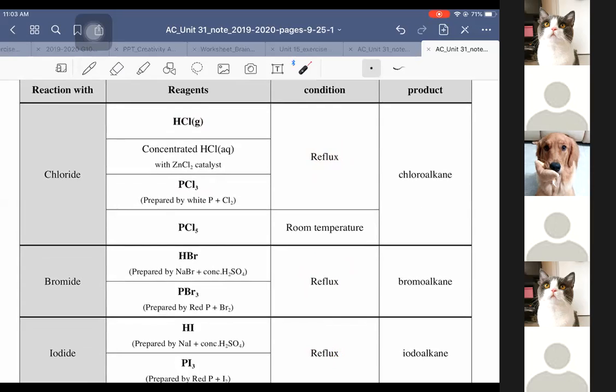And we also introduced one more way to make the haloalkane, which is to react with PCl5, phosphorus pentachloride. For this one, the reaction occurs at room temperature. So we use it to test for the presence of a hydroxyl group. The observable change is that it forms a steaming fume.